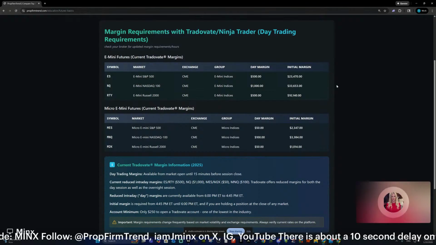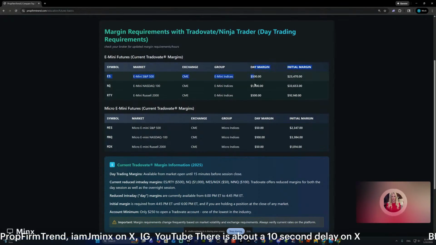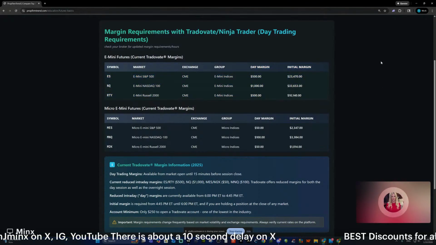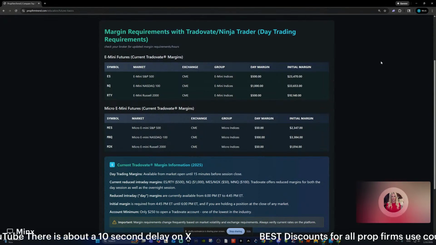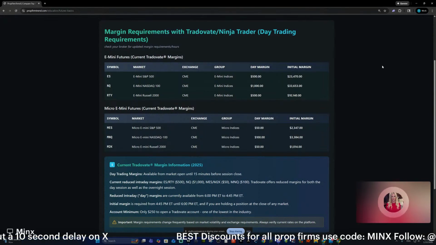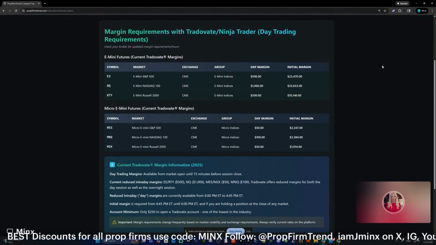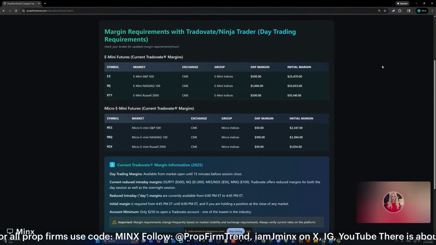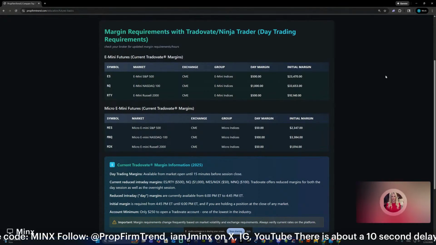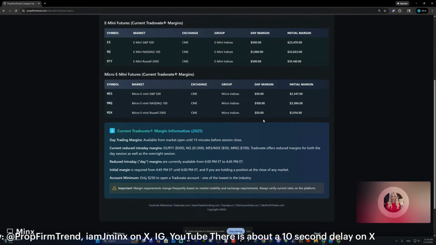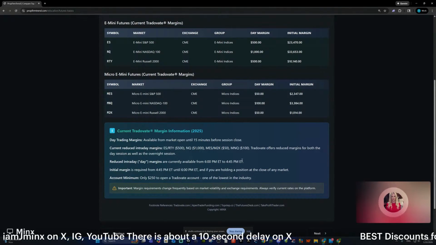Or you can trade almost 23 hours with this day margin and with prop firms. They allow you to open up a position at like 6 p.m. and hold it until the next day before the market closes. The market is only closed for like an hour and 15 minutes.